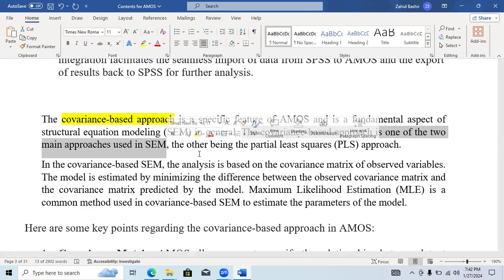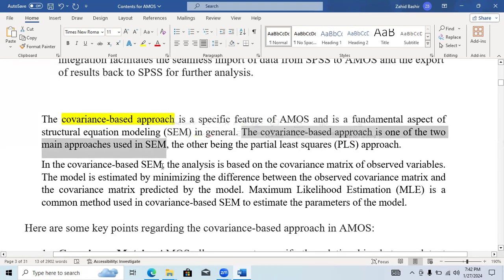Smart PLS has the feature to apply both of these approaches, like it would apply the PLS-SEM approach as well as the CB-SEM approach. But in case of AMOS, we are able to apply only the CB-SEM approach, and we are unable to apply the PLS-SEM approach. So you need to understand that we are just going to use covariance based SEM in case of AMOS.